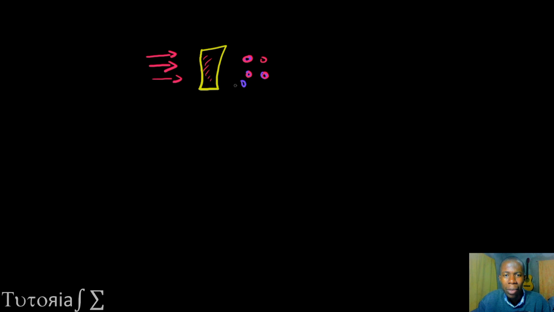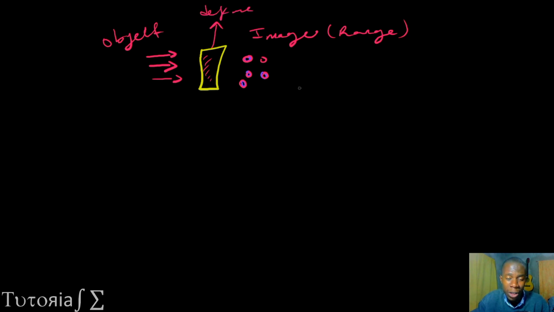These variables that are produced outside here, we can call the image. And what goes into the transformation function, we call the object. This is the definition that is governing the transformation.